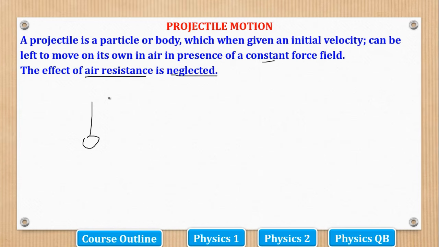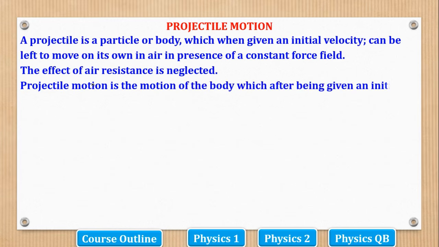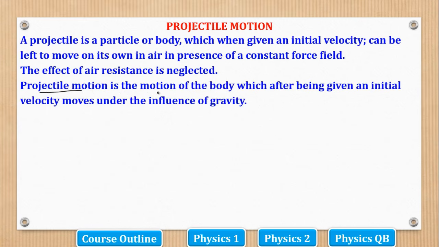Even in this topic, we shall neglect the effect of air resistance. Projectile motion is the motion of a body which, after being given an initial velocity, moves under the influence of gravity.